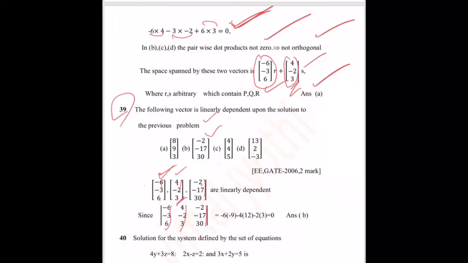The determinant of this matrix is equal to 0, which means the rank is less than 3. Either the rank is 1 or 2. Then these three vectors are linearly dependent. That is, answer B is correct.